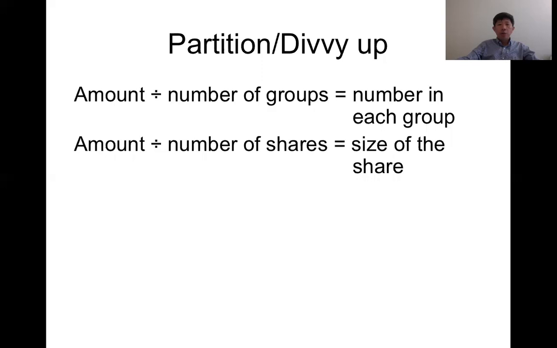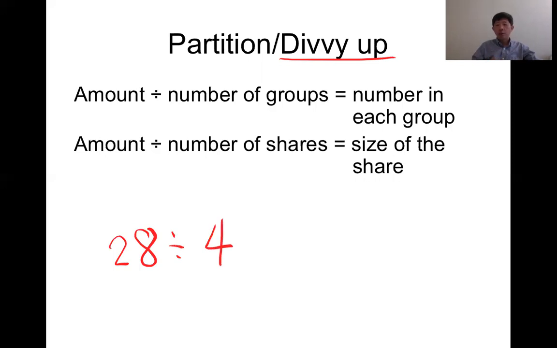Another one we call the partition, or we say the sharing model. Amount divided by number of groups equals number in each group. So the amount is 28, and then we divide by the number of groups. Let's say I want to share among 4 people, right?